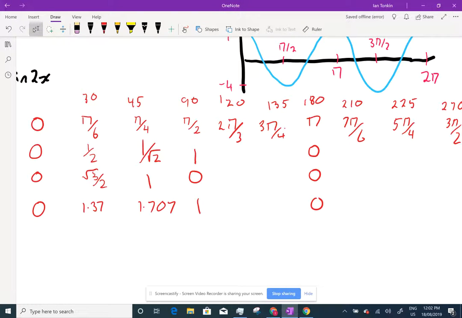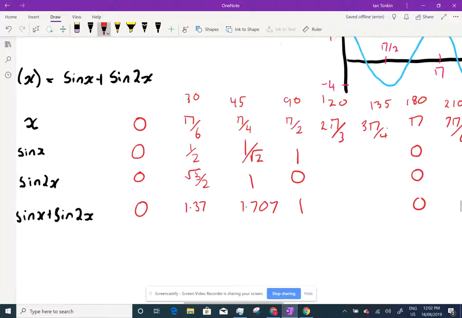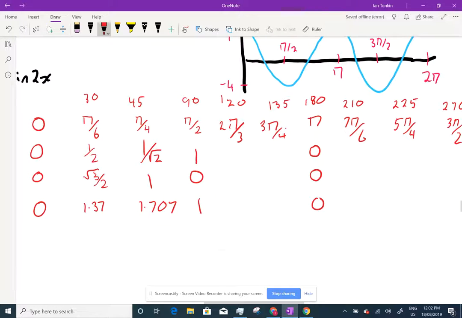but they'll be negative. So when you get sine 120 here, well, that's the same as sine 180 minus 30, and they're all positive, so it's just going to be the same as the 30s over there. So a half, root 3 on 2, and 1.37. Sine 135, well, that's negative, all right? That's going to be negative there. Oh, hold on. Have to be careful here.